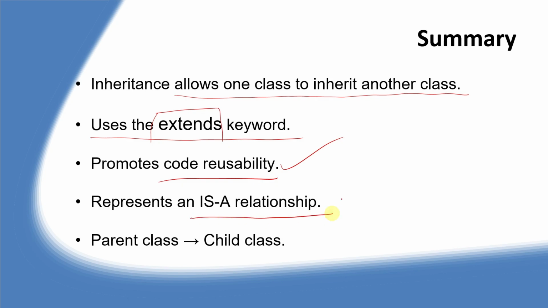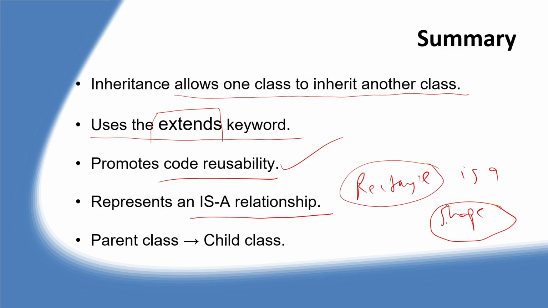Is-a relationship. We have seen in the example how a rectangle is a shape. Why are we saying a rectangle is a shape? Because whatever properties and behavior the shape class has, that same property and behavior automatically comes into the rectangle class. How? Because it is inheriting from the shape parent class. So we can say a rectangle is a shape.